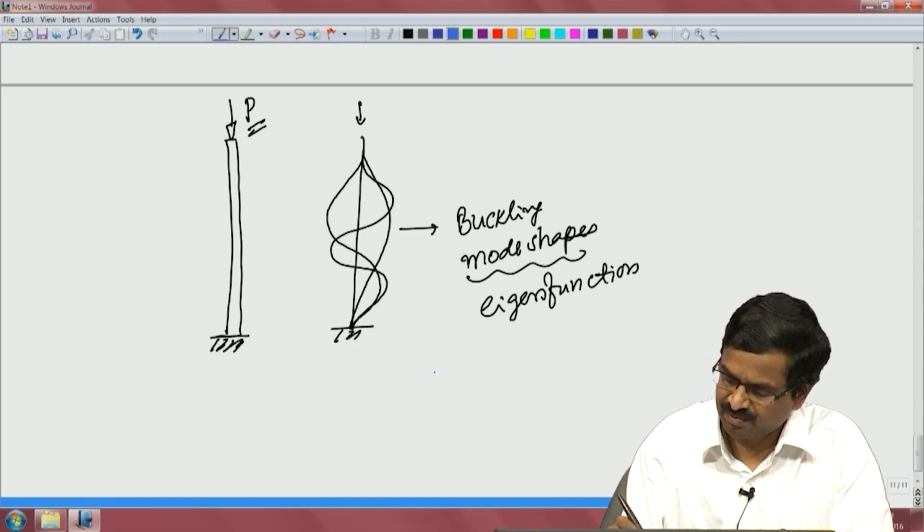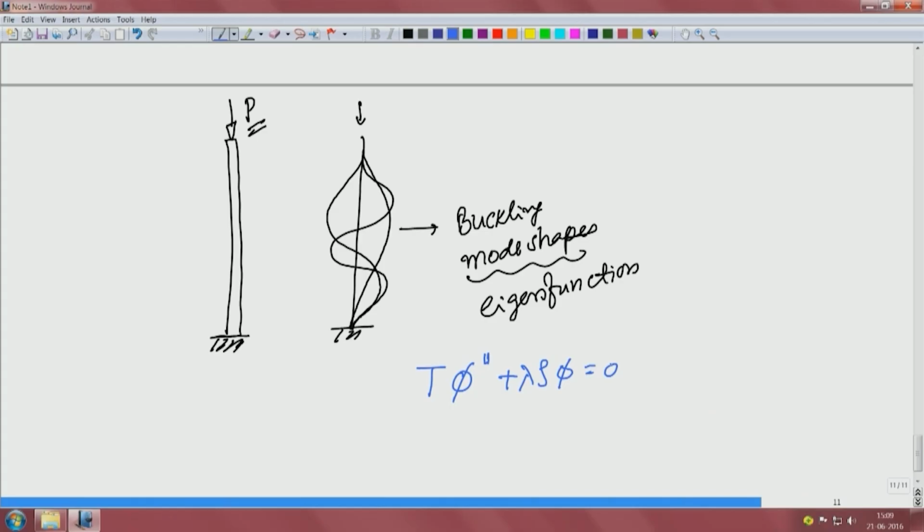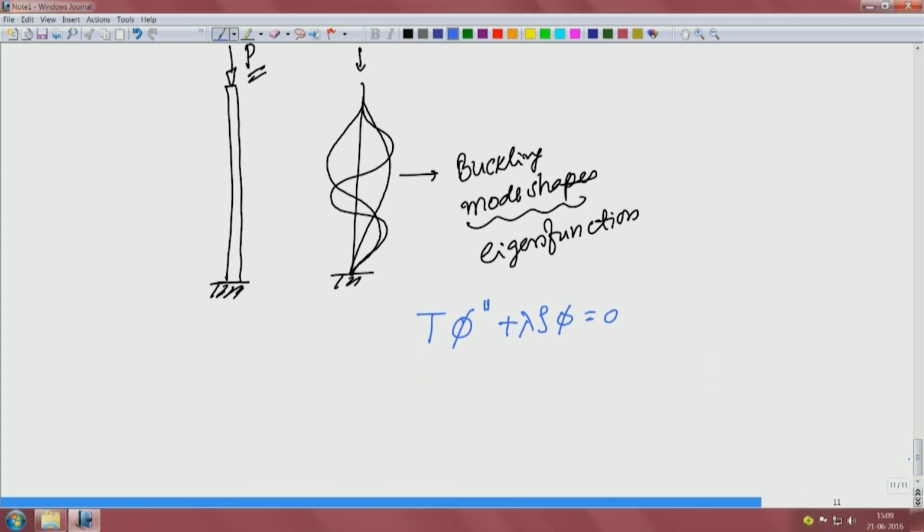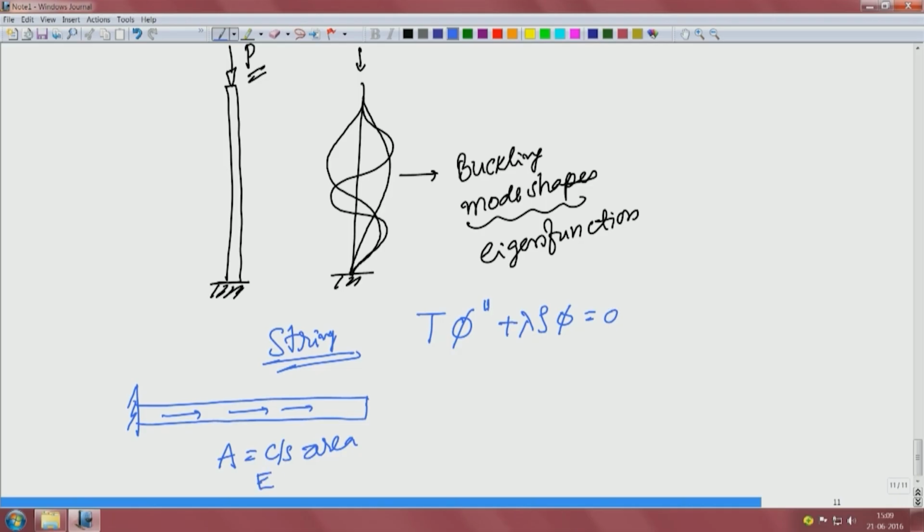In this particular case of a string problem, our equation is T phi double prime plus lambda rho phi equal to 0, and this is for a string with tension T. Similarly, if I take a bar, before we go to columns, let us take an axially deforming bar, where everything deforms only axially and it has a cross section area A, and E is Young's modulus, and this axial deformation we denote by U of x.